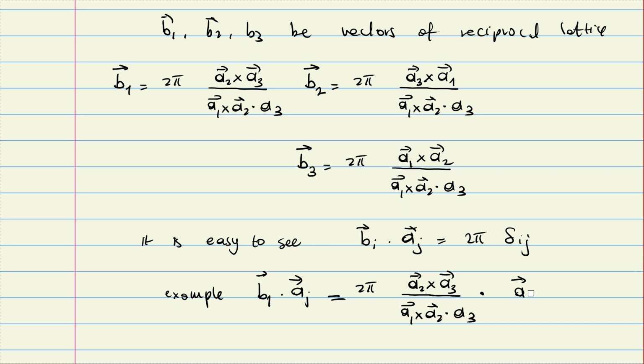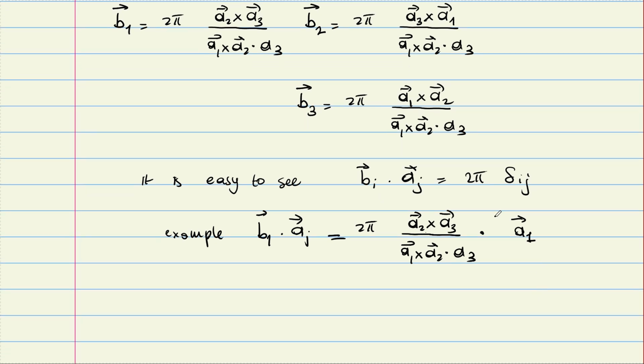The only possibility is j equal to 1, but when this is 1, numerator and denominator are the same, and this is going to be 2 pi. Let's keep it general: 2 pi delta 1j, and the others follow similarly.